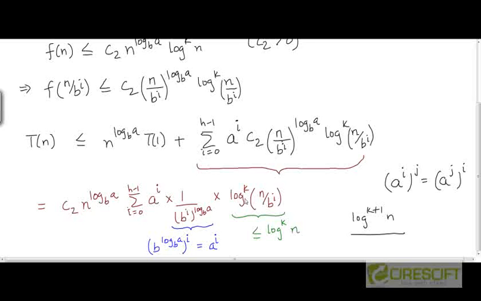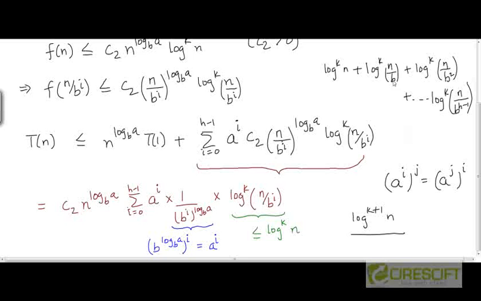The third term is log to the power k of n by b square. And we are adding all these terms up to I equal to h minus 1.